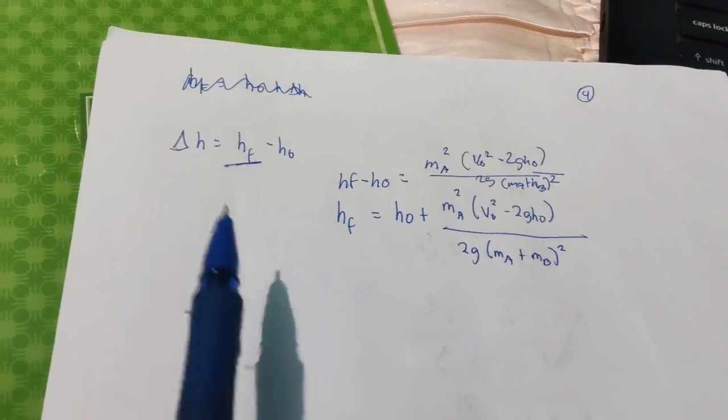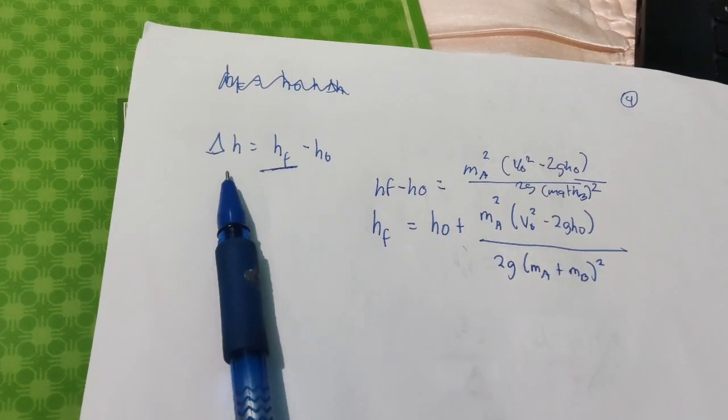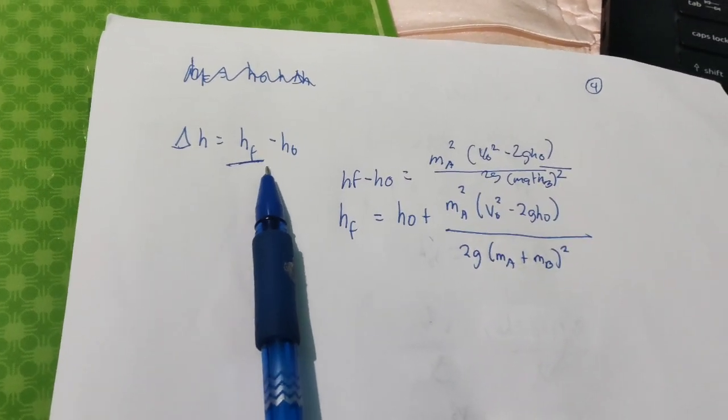And now to find the total or the final maximum height reached by the acrobat and clown. So earlier I had this delta h is equal to h sub f minus h sub 0.